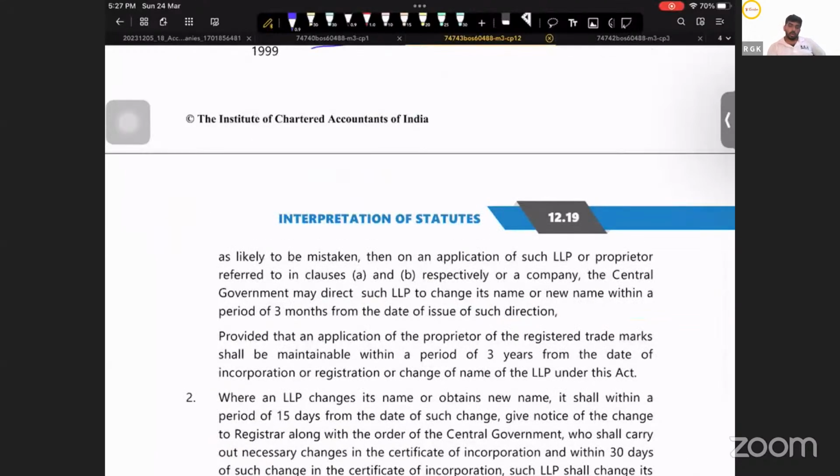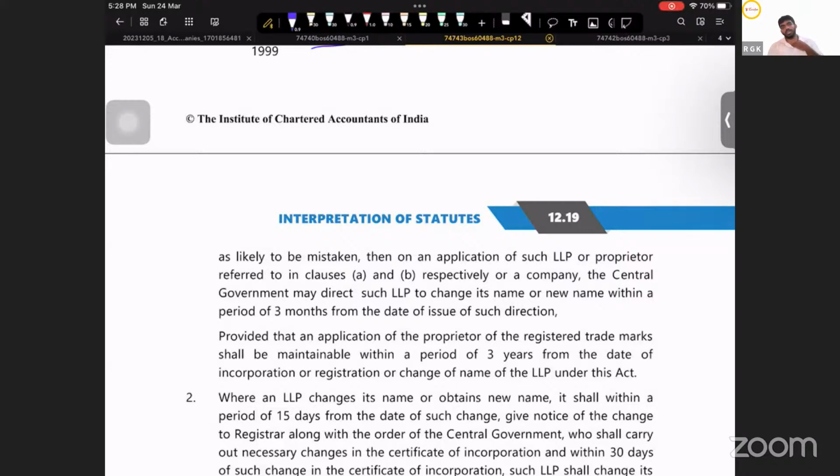Then on an application of such LLP or proprietor referred to in clause A and B respectively, or a company, the central government may direct such LLP to change its name or obtain a new name within a period of 3 months from the date of issue of such directions, provided that an application of the proprietor of the registered trademark shall be maintainable within a period of 3 years from the date of incorporation or registration.